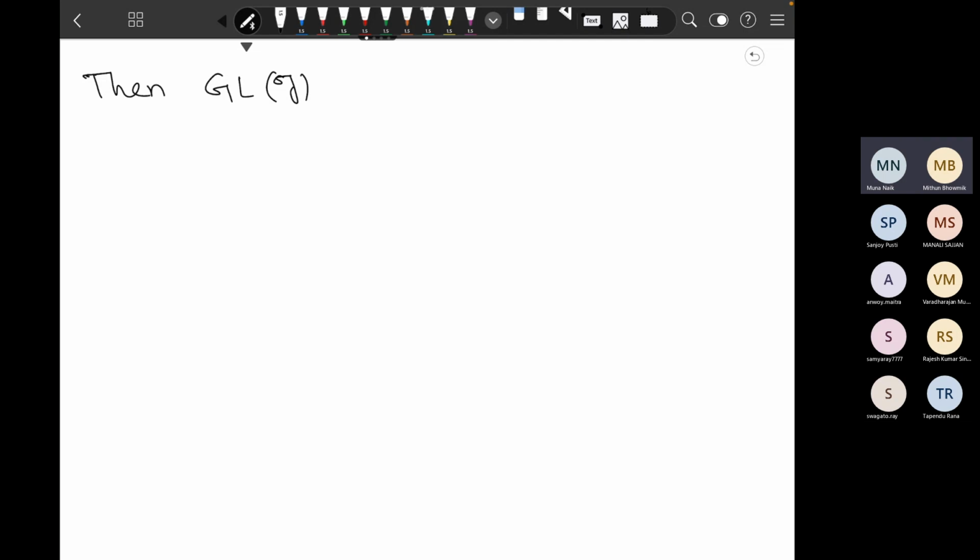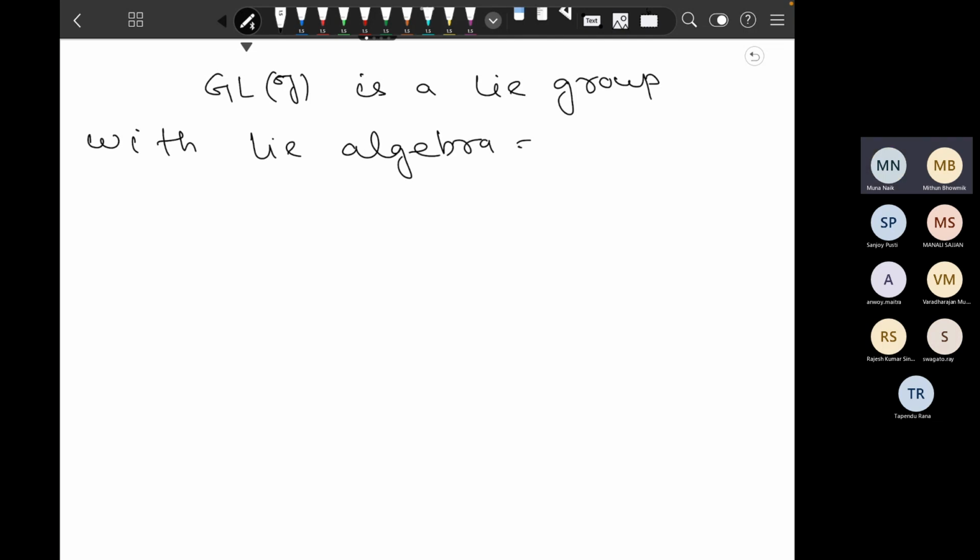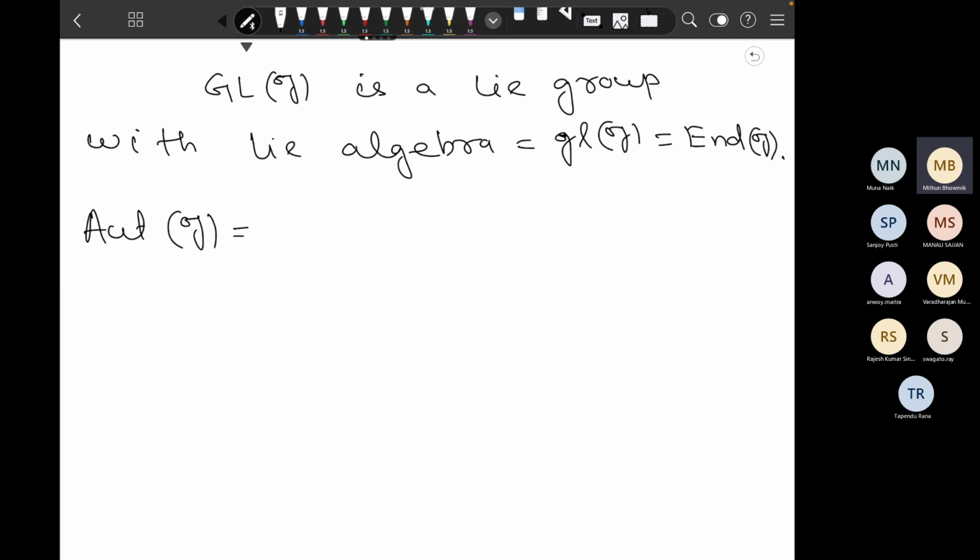So then GL(g) is a Lie group with Lie algebra equal to small gl(g), and that is really End g. Now the automorphism of g, this is really phi belongs to GL(g), so that phi is a Lie algebra homomorphism.